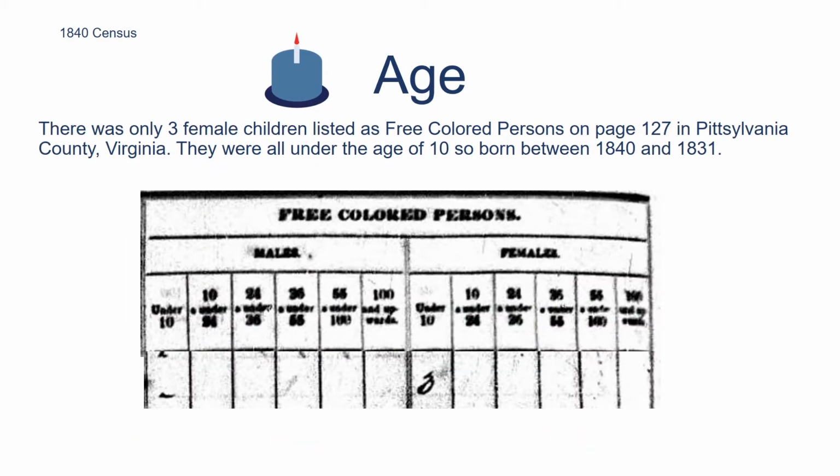There was only 3 female children listed as free colored persons on page 127 in Pennsylvania County, Virginia. They were all under the age of 10, so born between 1840 and 1831.